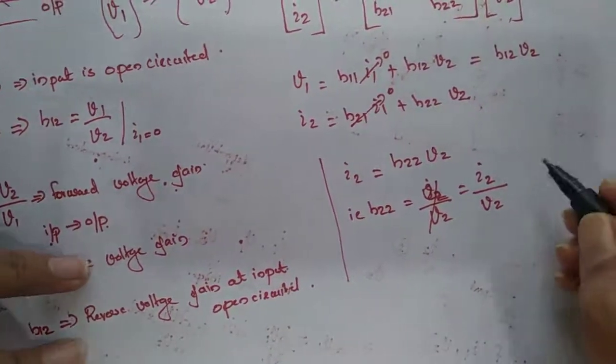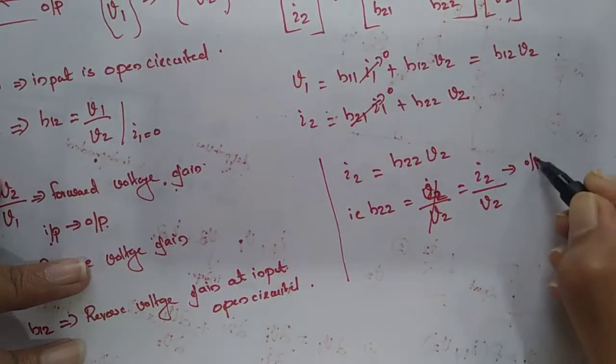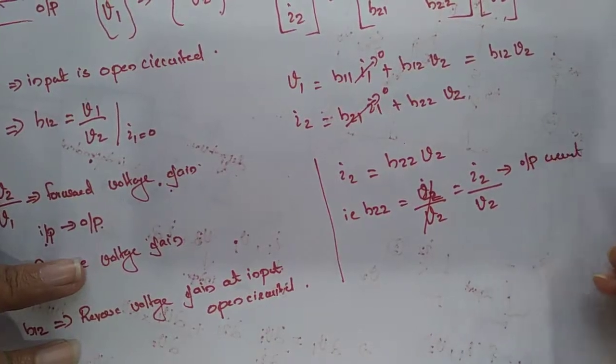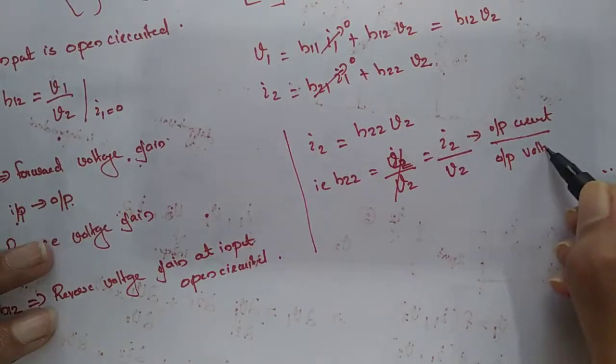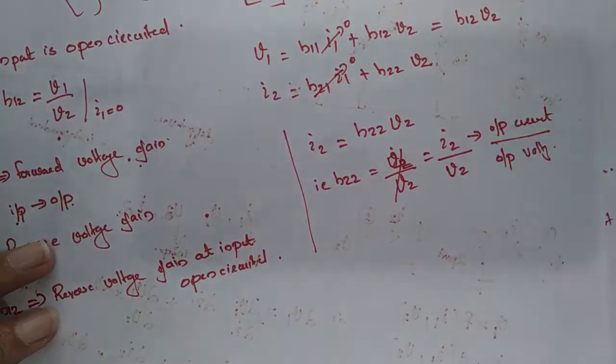What is I2 by V2? I2 is the output current and V2 is the output voltage, that is, output current by output voltage.